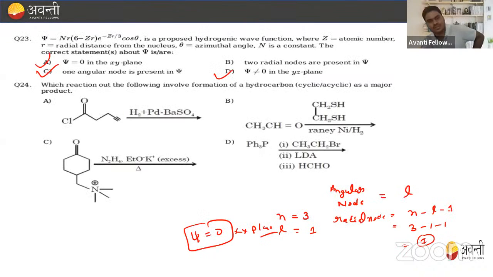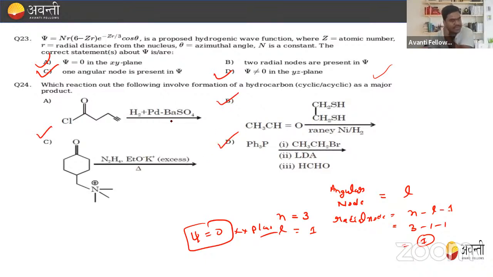Next question. Which reaction out of the following involves formation of a hydrocarbon, cyclic or acyclic, as a major product? So you have to identify the reaction which will form a hydrocarbon, either cyclic or acyclic, as the major product, right? So which are the major products? In this one and in this one, fine, phosphorus.